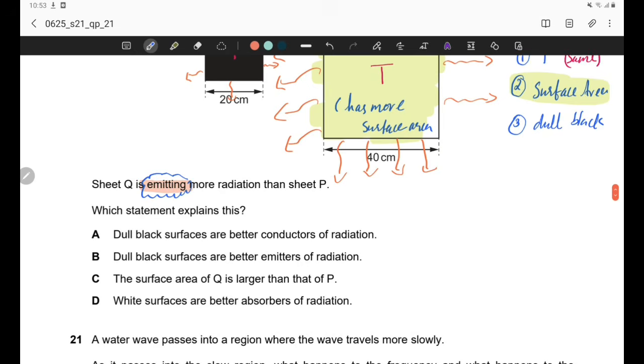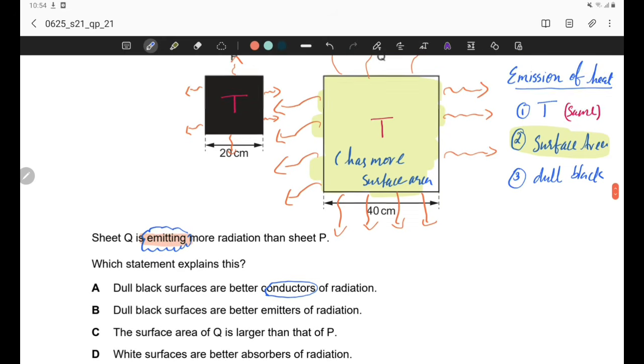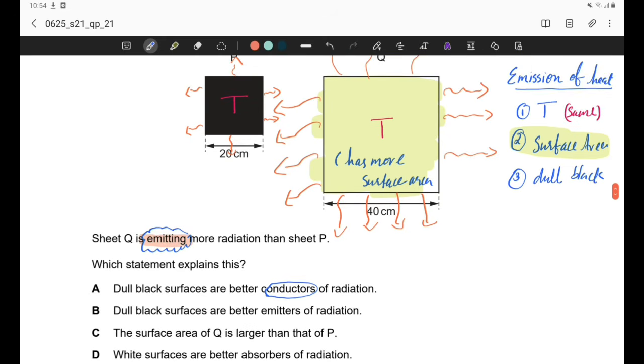Option A says dull black surfaces are better conductors of radiation. That is correct, but it doesn't justify why sheet Q emits more. This statement only mentions conduction, but we need to know about emission because the question mentions emission.